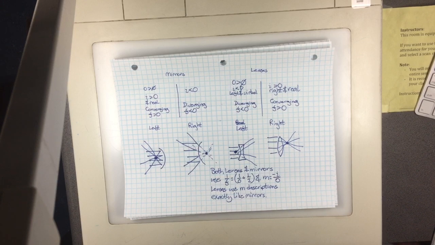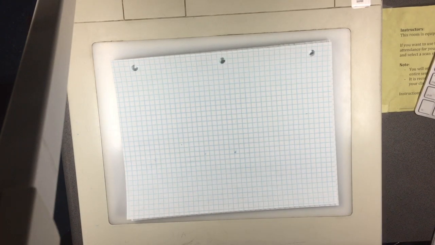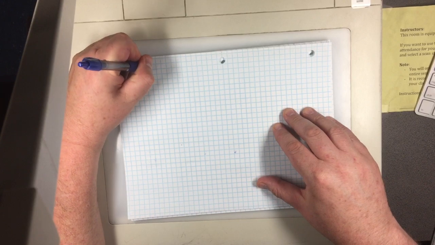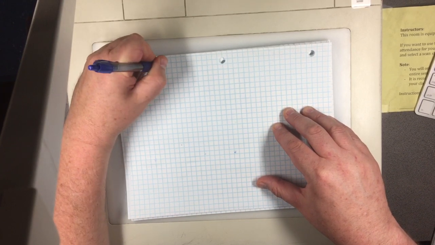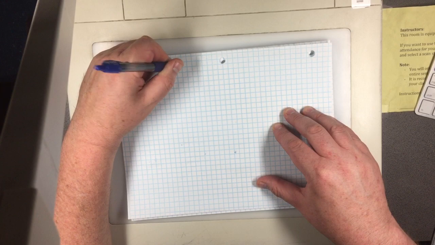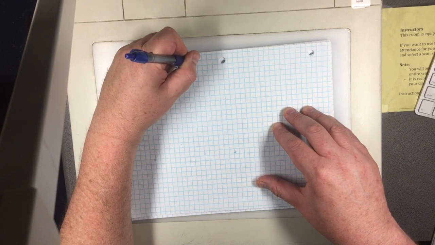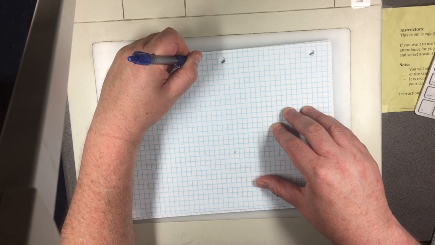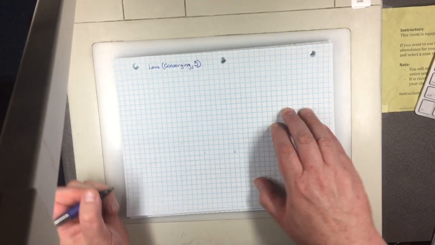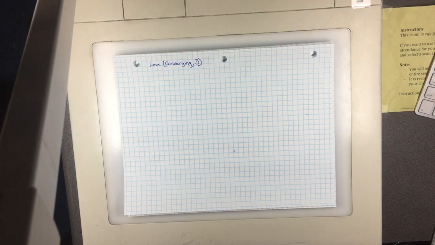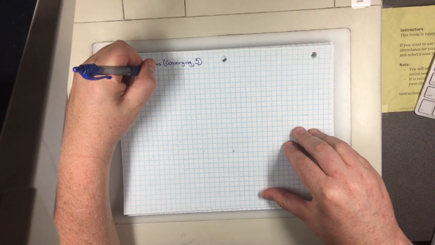What I'm going to do now is a conventional convex lens, which is a lot like what you guys do. I'm out of room, so I'll flip it. So we have a lens. It is a converging lens, 5. A converging lens means that it must have a focal point greater than 0.